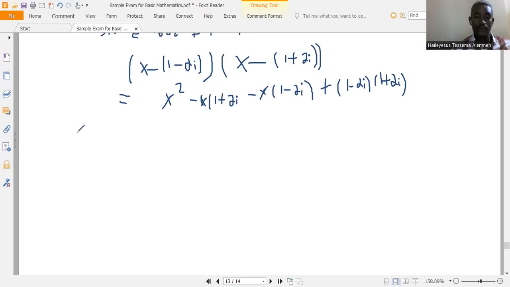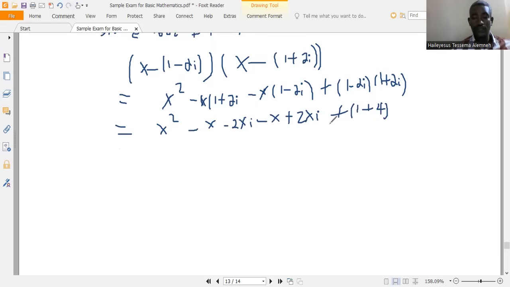So which is the same as x square minus x minus 2xi minus x plus 2xi plus the product of the conjugates of two numbers, which is just 1 plus 4.